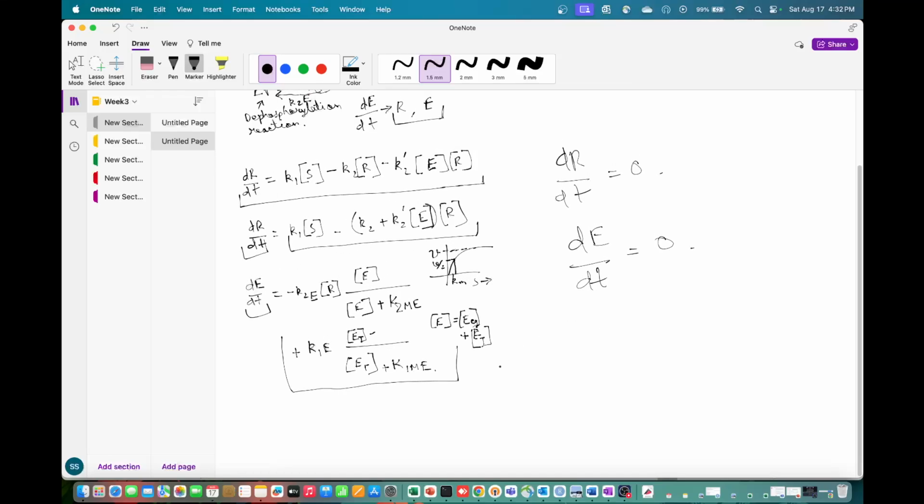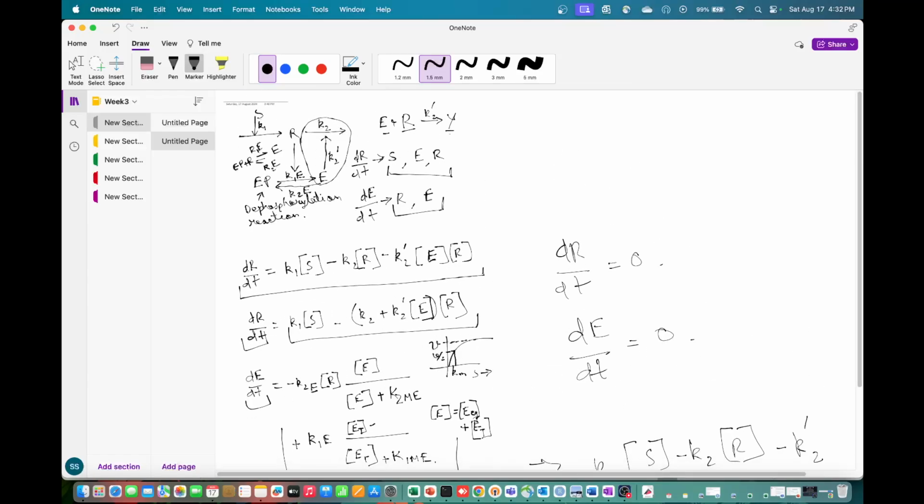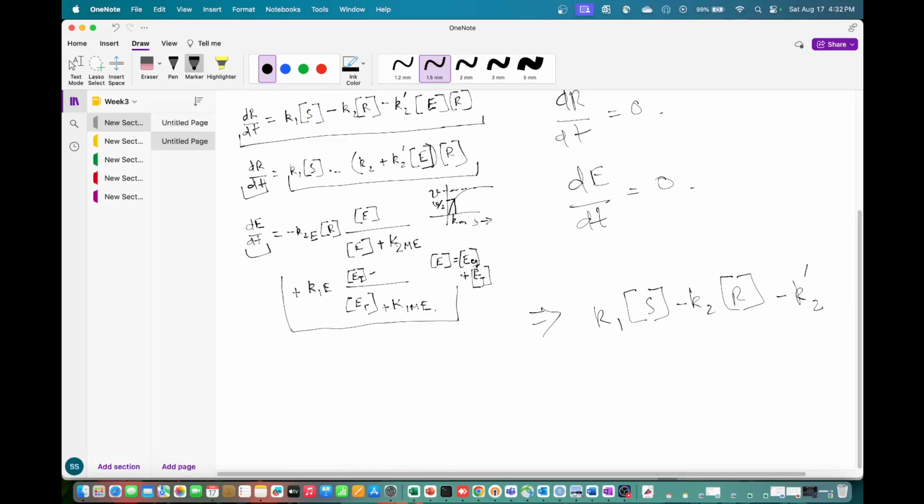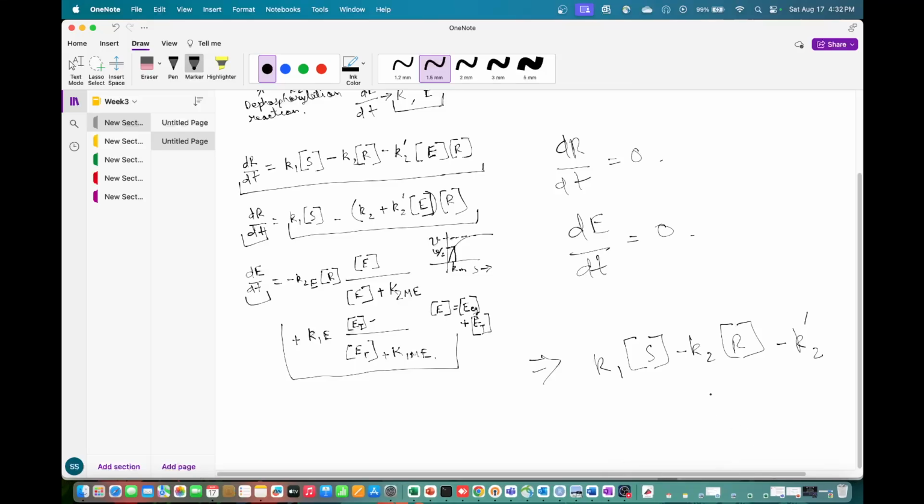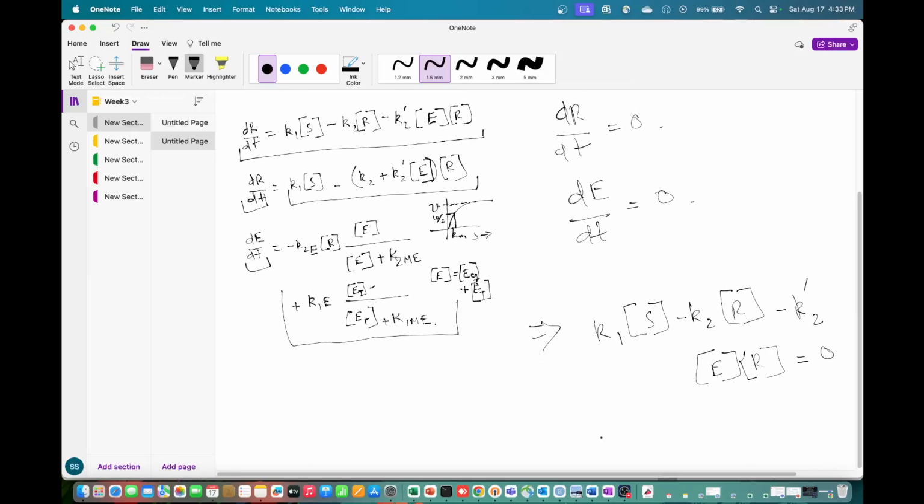So if dR/dt equal to 0, this becomes k1 S minus k2 R minus k2' E R equal to 0. Here k2' is the rate at which E is degrading R. Now if you rearrange this, you will get a value of R from here, because this is the nullcline for R. We are trying to find the nullcline for R.